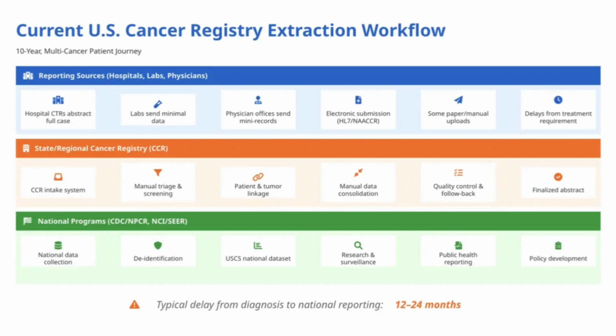Every layer in this diagram adds manual triage, quality control, and follow-backs. The critical issue here is the delay itself. The typical delay from diagnosis to national reporting is about 12 to 24 months. Meaning that the policymakers at the registry level are usually looking at data that is already 2 years out of date.